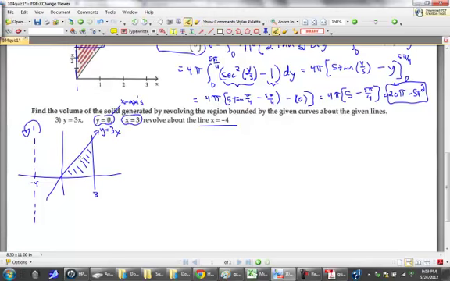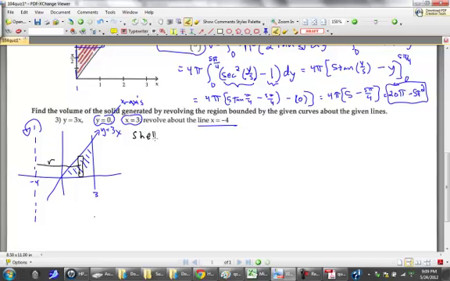Let's see if it'll let me draw a rectangle line. Finally. The rectangle is parallel to the axis of rotation. There's this distance here, which is the radius.